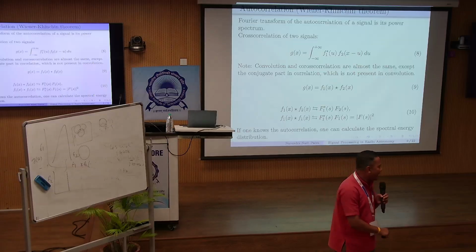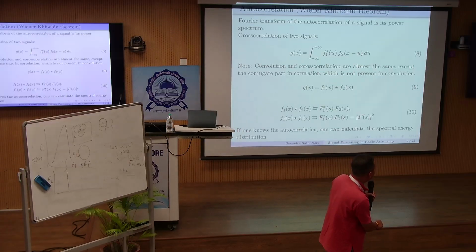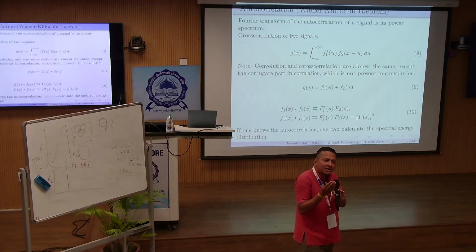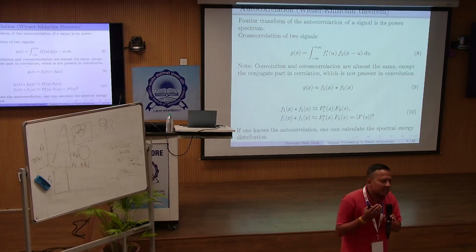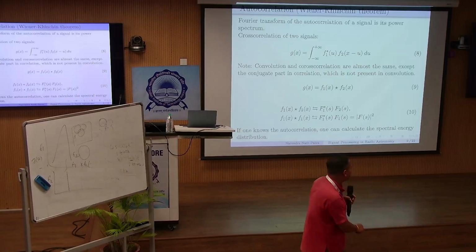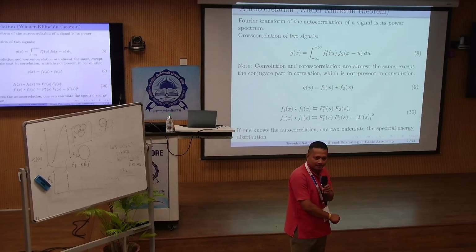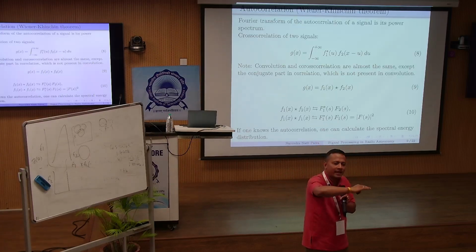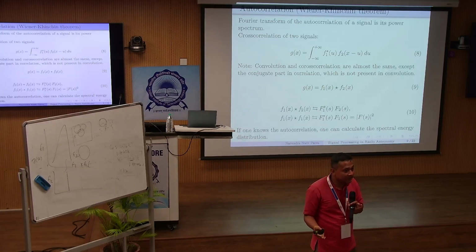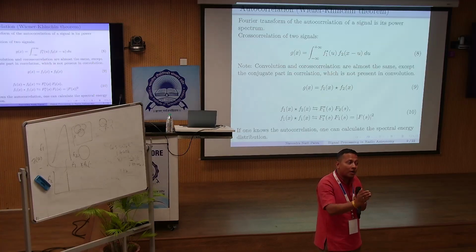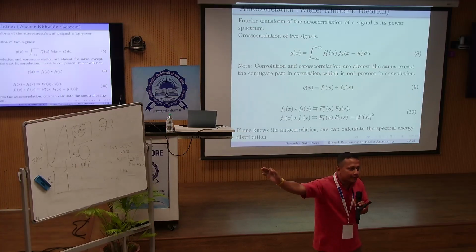What this means is that f of s squared is telling about how much power there is, and power as a function of frequency. So f of s squared is basically telling you about the power spectral density. What do we mean by spectral energy density? How much power is there at every frequency.